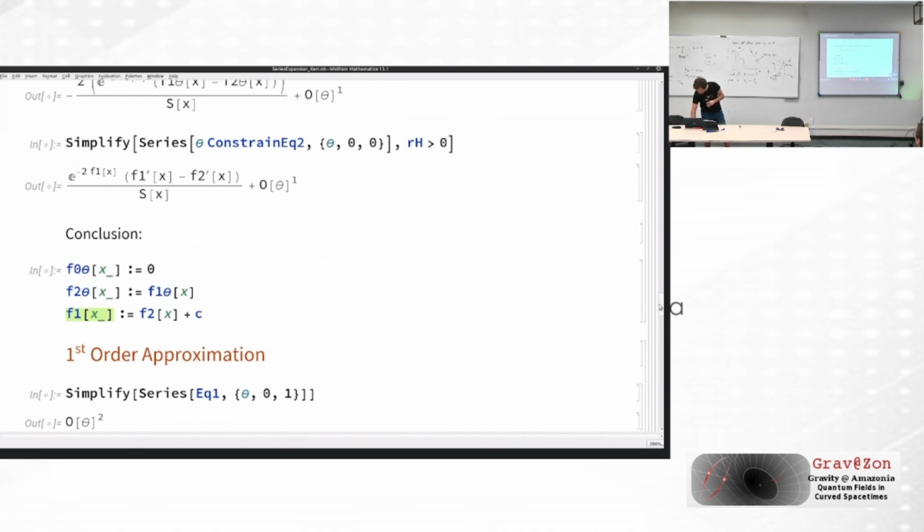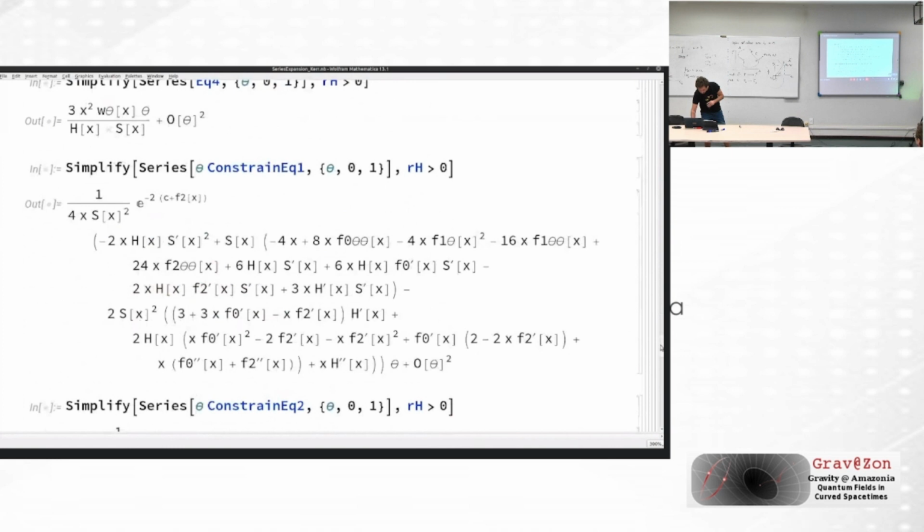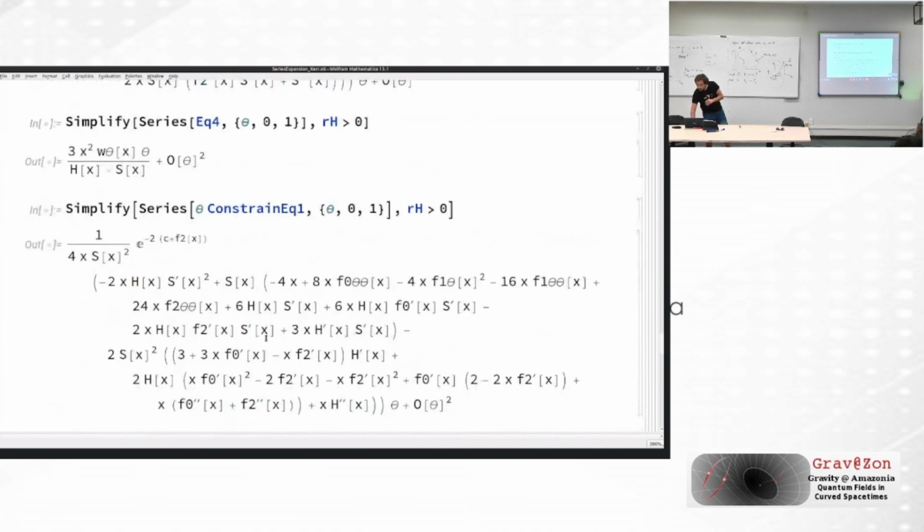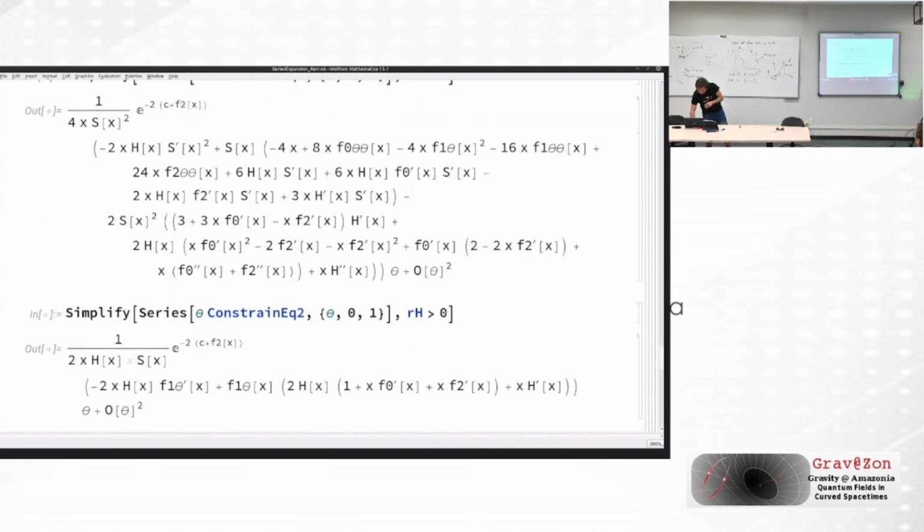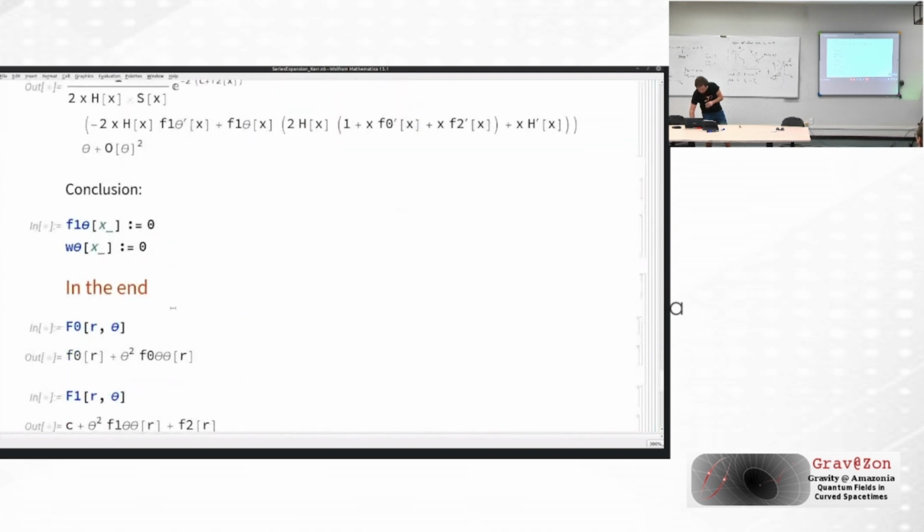Then the first order approximation, as you can see, can already start to have large expressions. But from the other ones, you can then see that the derivative of f1 will be 0, so the derivative of f2 will also be equal to 0, and the same for the Dirichlet function.